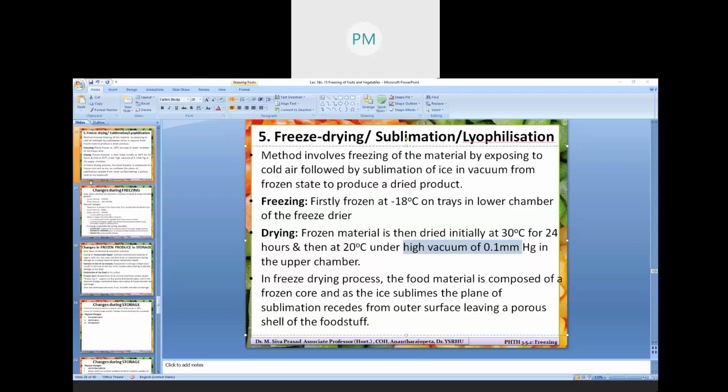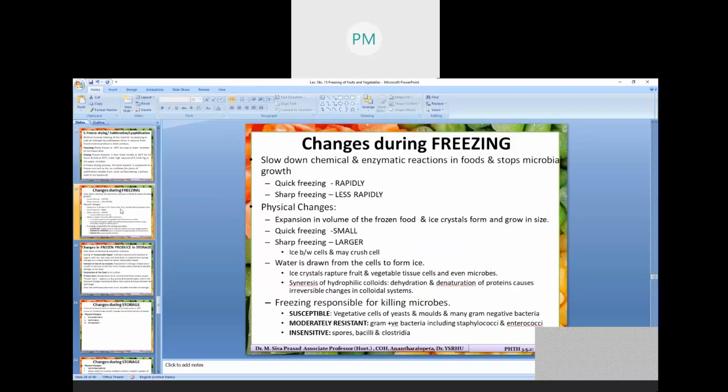So these are the different methods of freezing. And changes during freezing: you will see certain changes, which include physical changes and chemical changes.